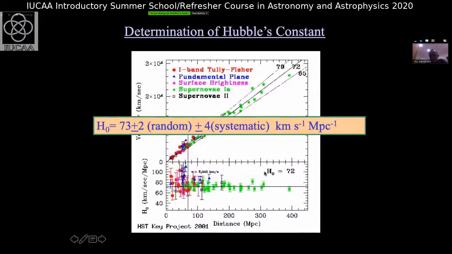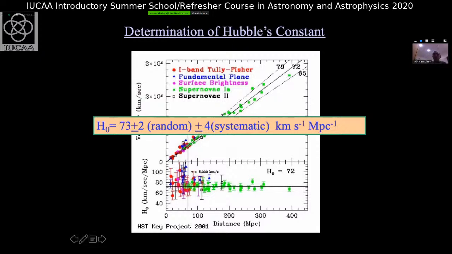And where does the systematic error come from? All these different kinds of objects have gone into calibrating the distances, and they all carry their own assumptions and problems. And so the estimate is at 4. So we know the Hubble's constant value to be 73, and within 73 plus or minus 7, you can say plus or minus 6.